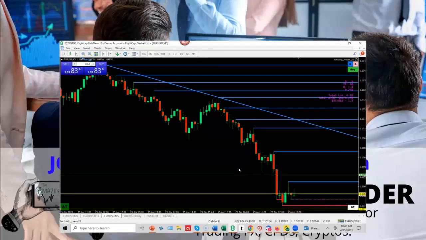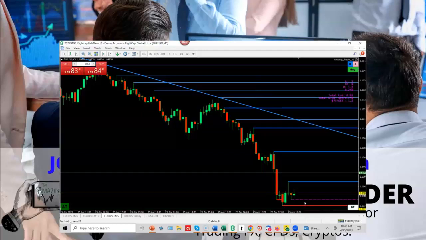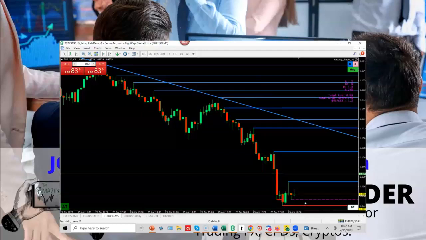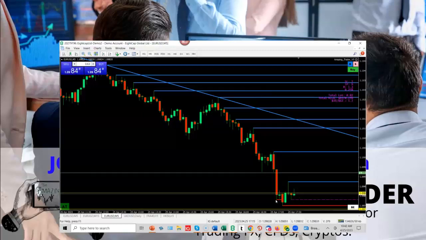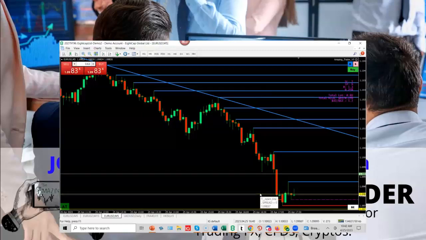As I said, a 15-minute chart on a strength of a move like this is a much better play than trying to pick a bottom off a 5-minute chart.